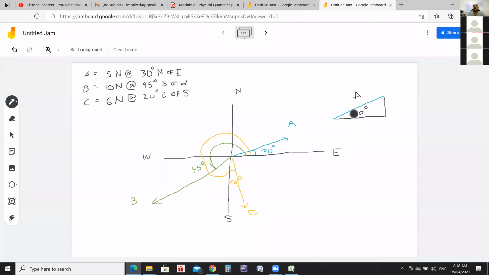It has two components. What are the components? Of course, we call them AX, or the horizontal component of your A, and AY, or the vertical component of your A.